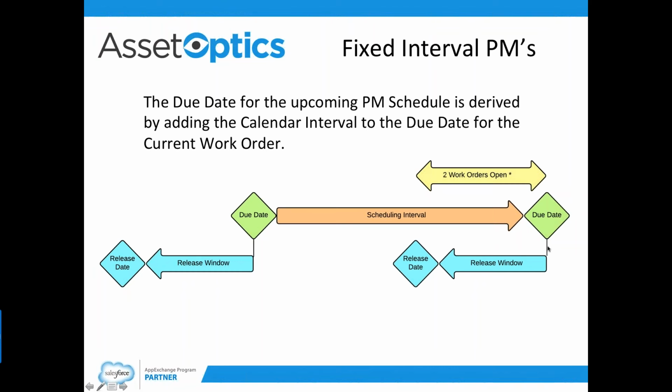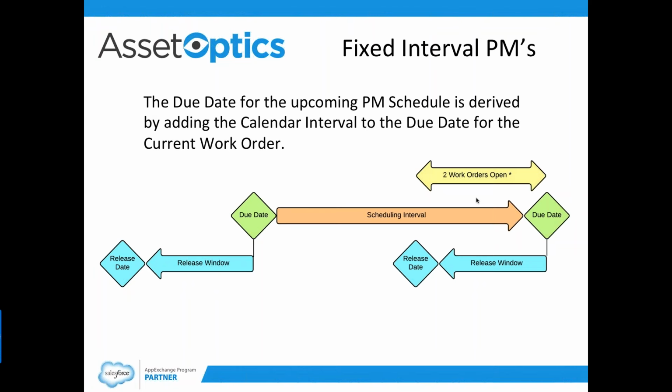You take the due date, and you subtract from it the release window, and that gives you the release date. It is important to note that on a fixed interval PM schedule you can have duplicate work orders for the same PM all open at one time.